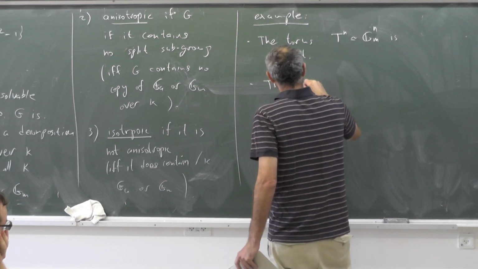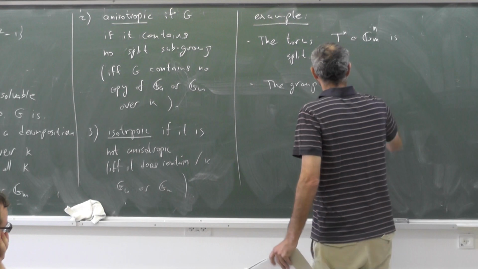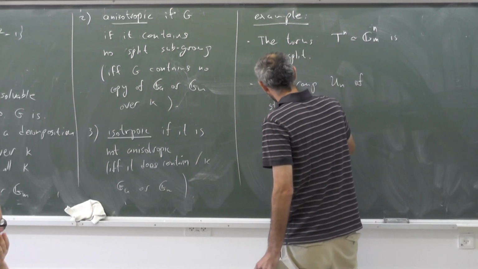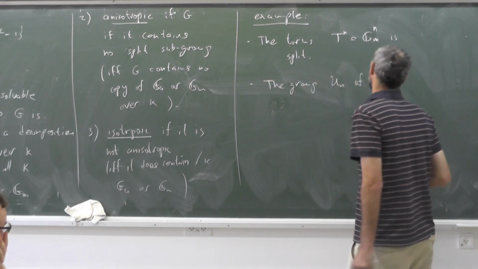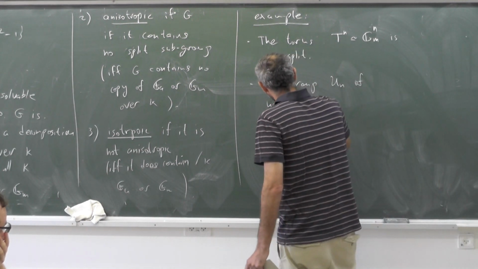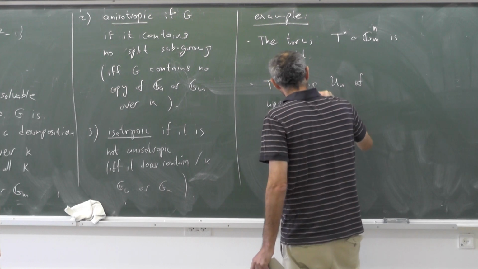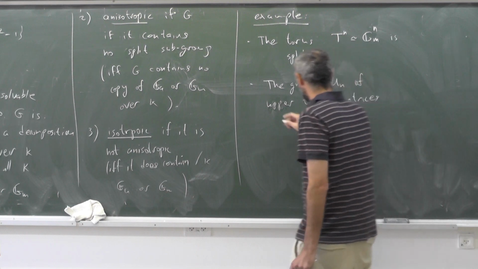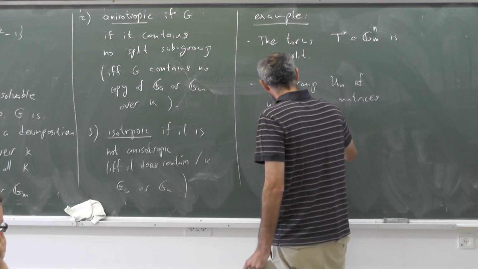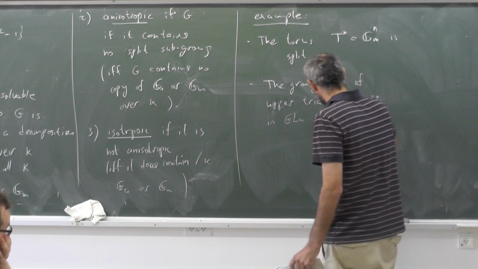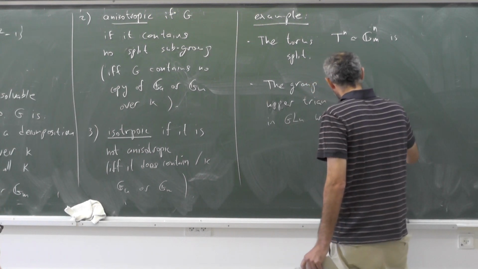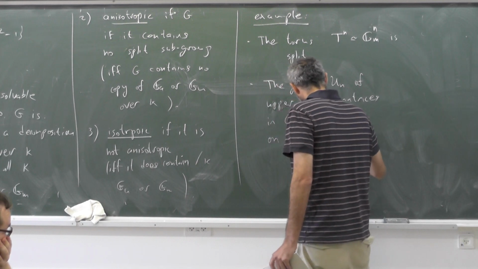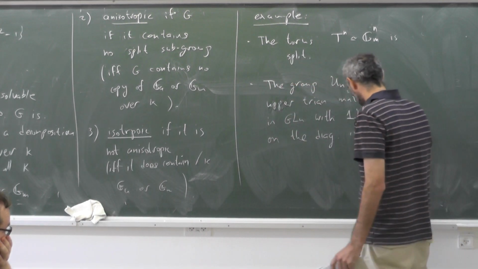The group U_n of upper triangular matrices in GL_n with ones on the diagonal is split.